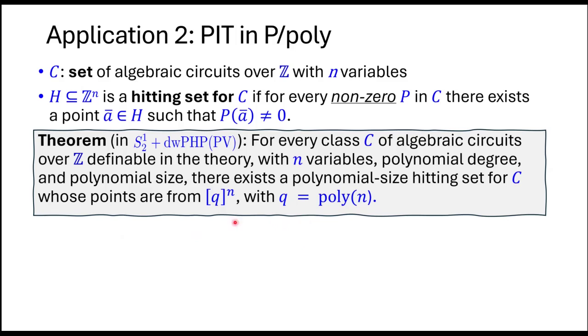Yeah, so basically this already leads to PIT is in P/poly, because if you have a hitting set, the theory can say we have a hitting set, and hence, for each polynomial length, we can test a given algebraic circuit, whether it is zero or not, just checking the points in the hitting set.